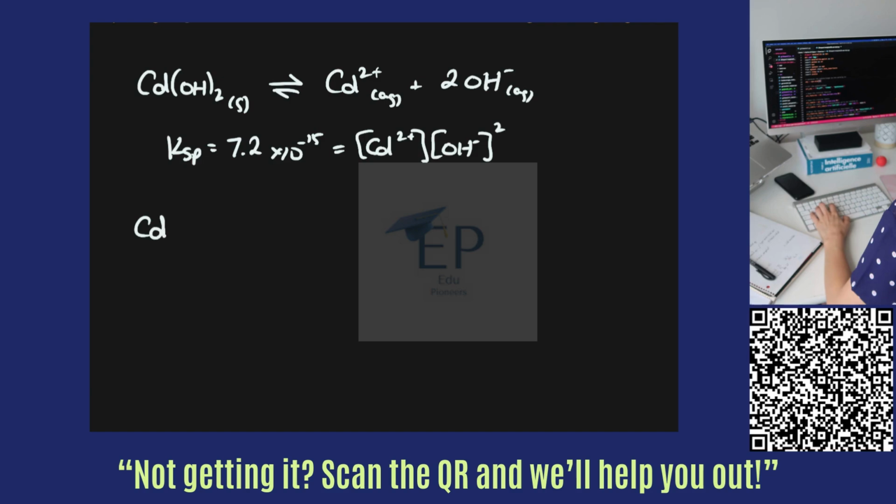For the complex formation here, sodium would be our spectator, so we'd have Cd2+ add 4I-, and this would produce CdI4 2-.